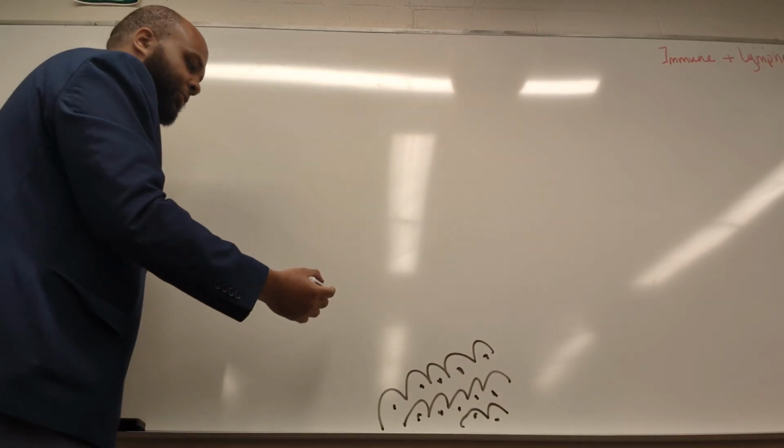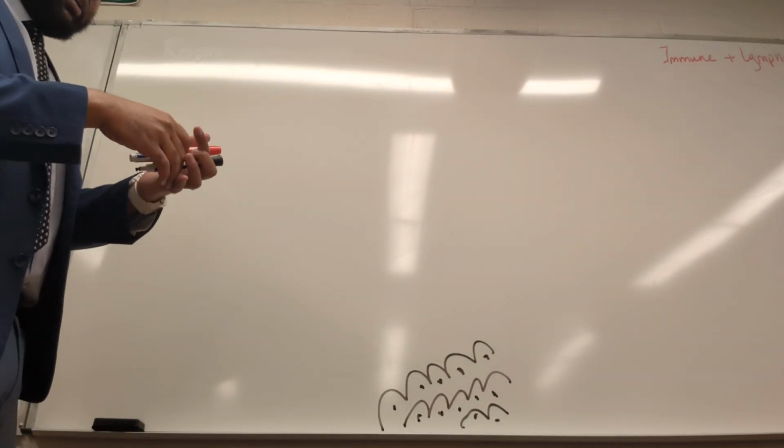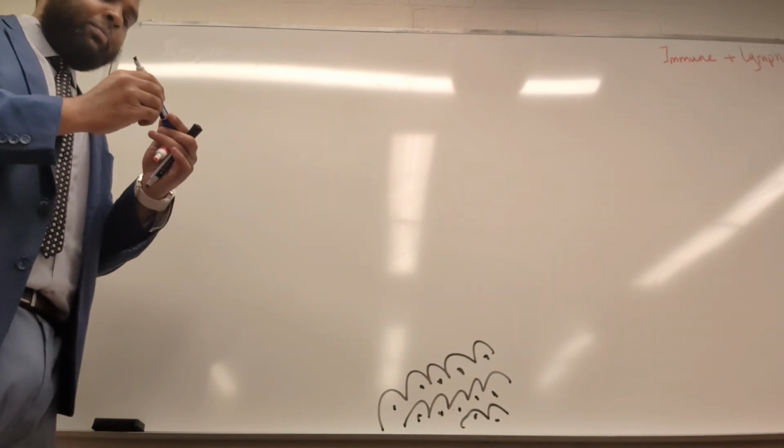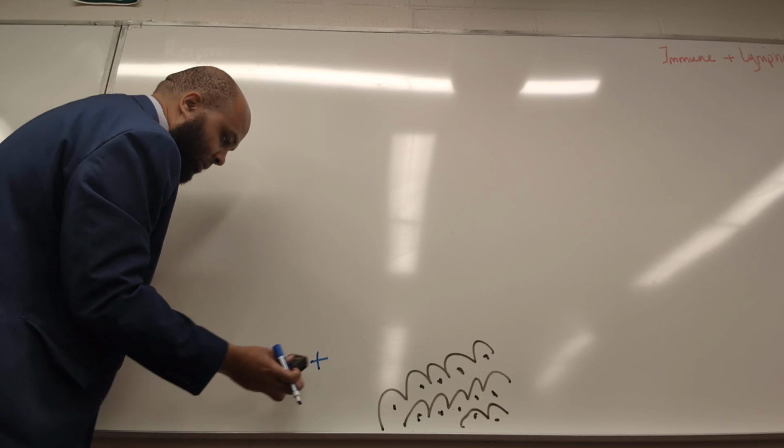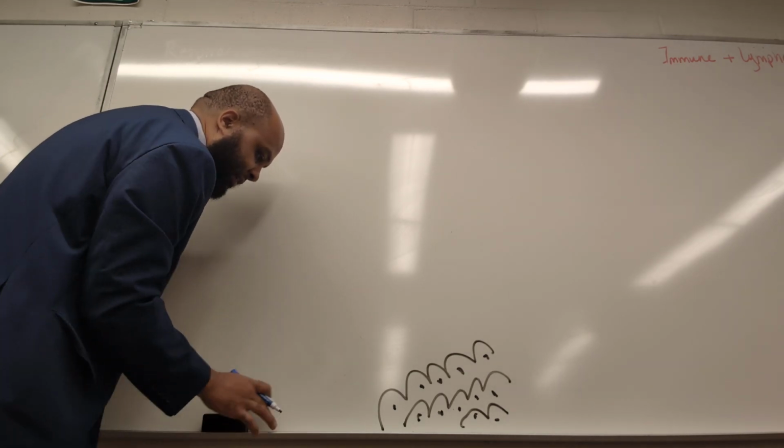Okay, so this tissue, what is this tissue doing? There's red things and blue things. Obviously, there is a lot of metabolic waste. So metabolic waste is something that's negative.